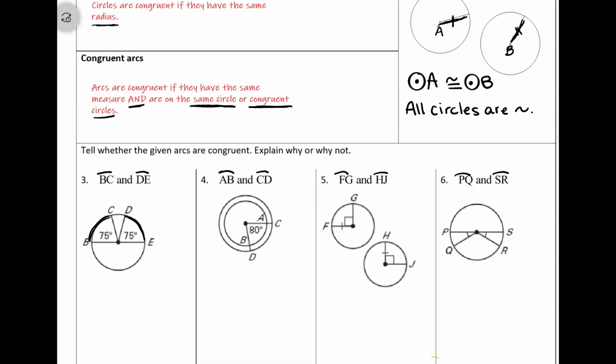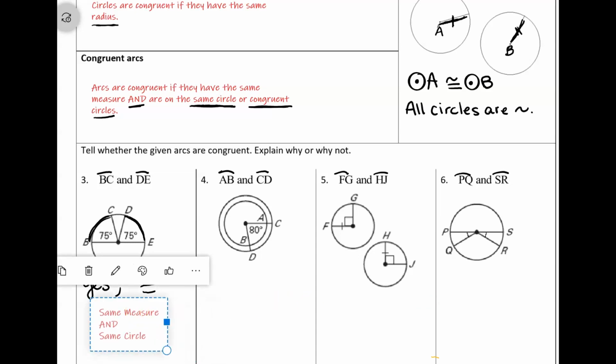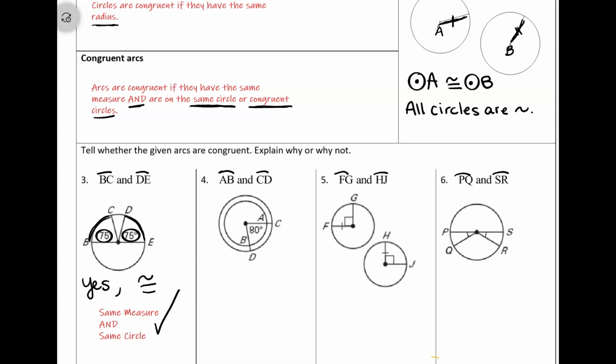Are those congruent arcs? In this case, the answer is yes. We are saying yes because they have the same measure, 75, and they are in the same circle.